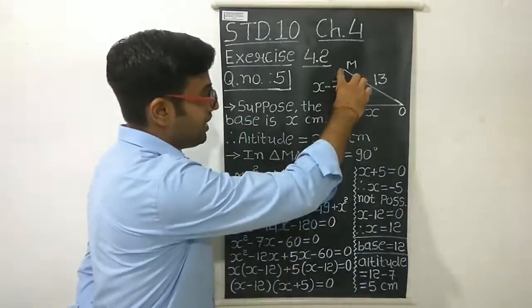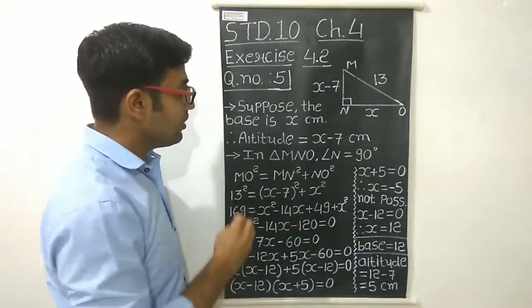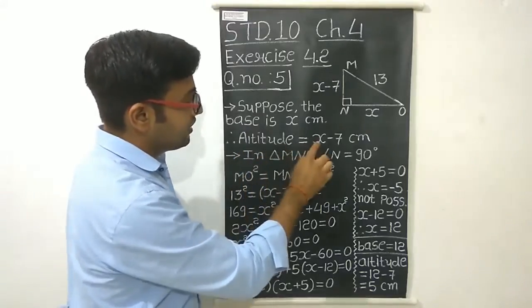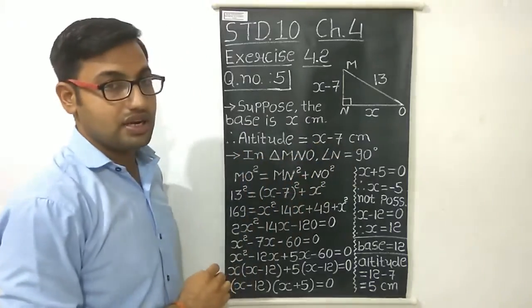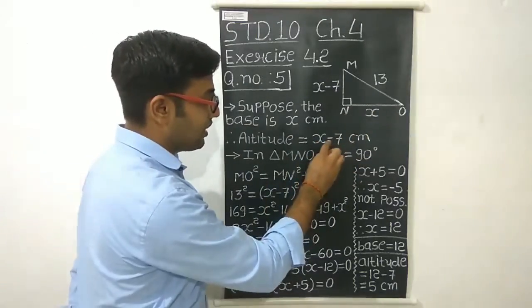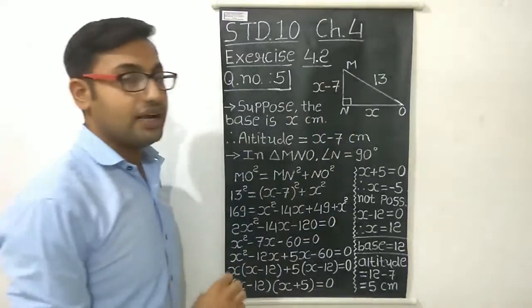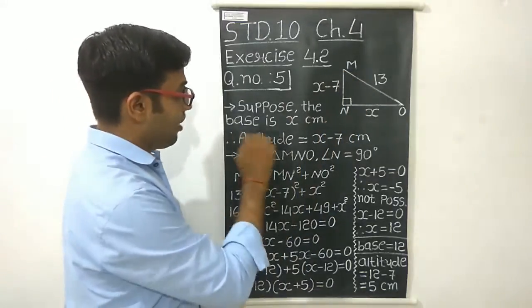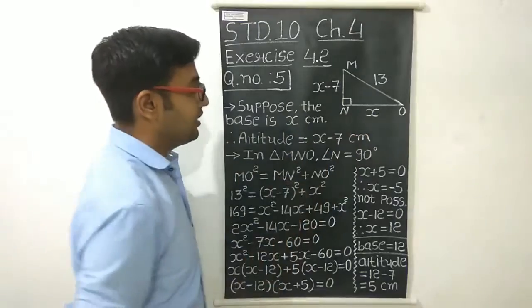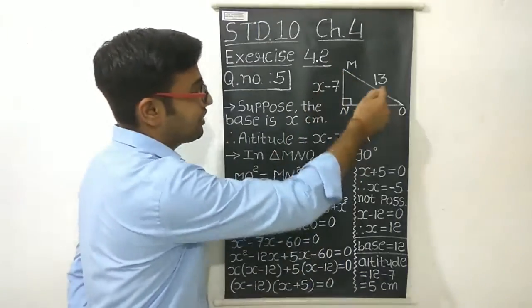That means the base is greater, so we can define the altitude as x minus 7 centimeter. Whatever the base value, we have to subtract 7 from the base, and that is how we get the altitude. So now the base is x centimeter, the altitude is x minus 7 centimeter, and the hypotenuse is 13 centimeter.